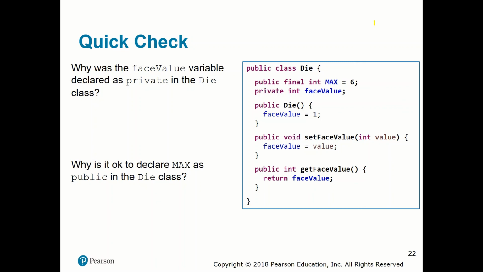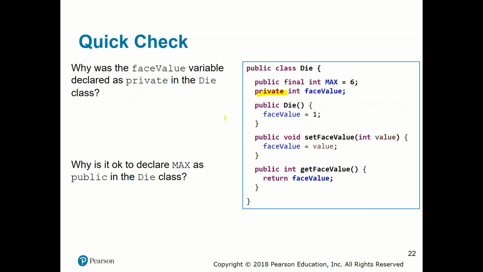A quick check, and this is the code from the textbook. Think about the answers from this code. The first one: why was the faceValue variable declared as private in the Die class? In the Die class, faceValue is private. Why is that?